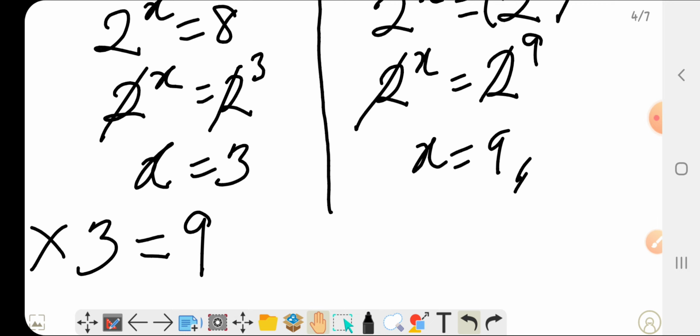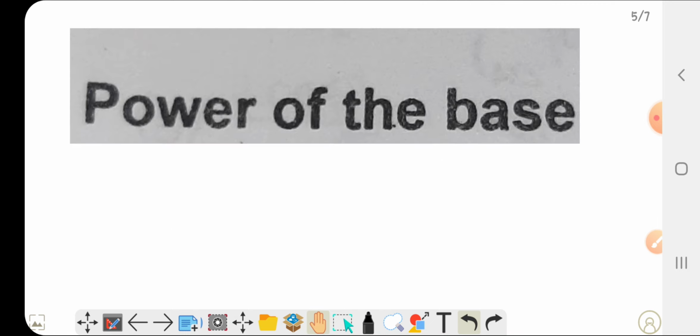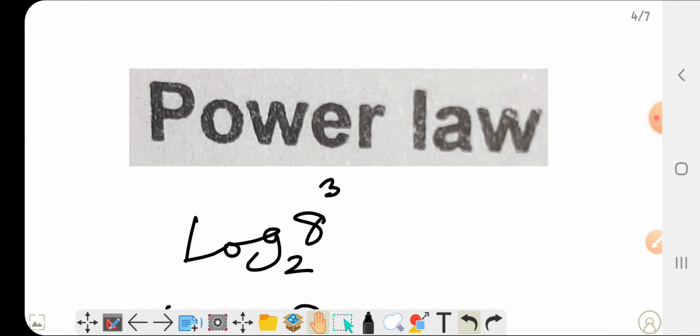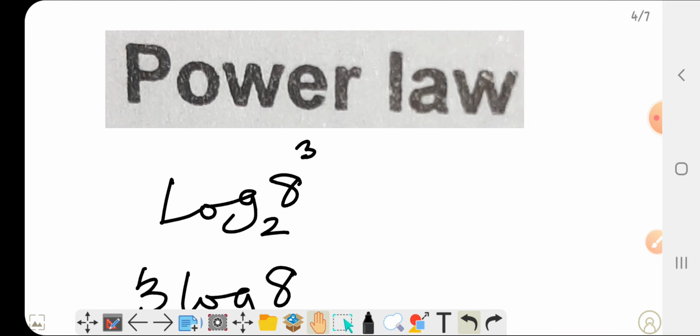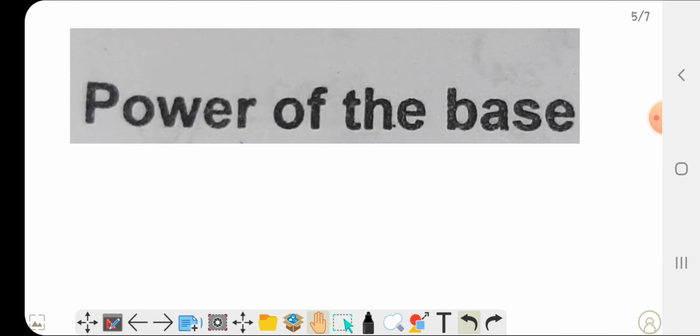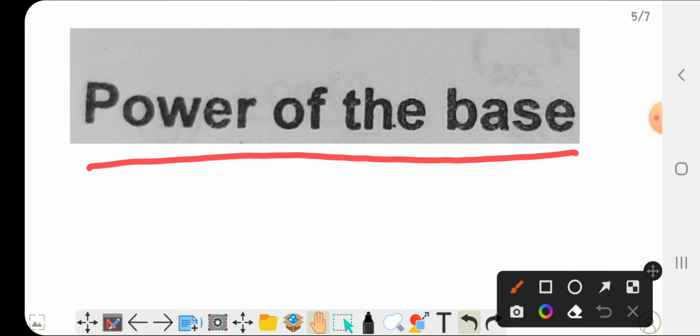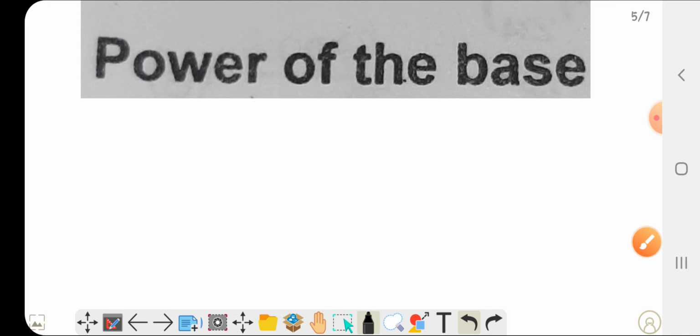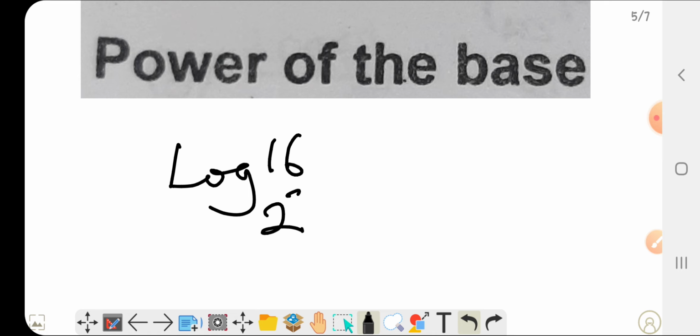So the next law will now be power law. Okay, I think we've done the power law. The next one will be power of the base. Yes, this is power of the base. So what if the base has a power? So let's look at it this way. Imagine if you have log 16 base 2 raised to power 3.